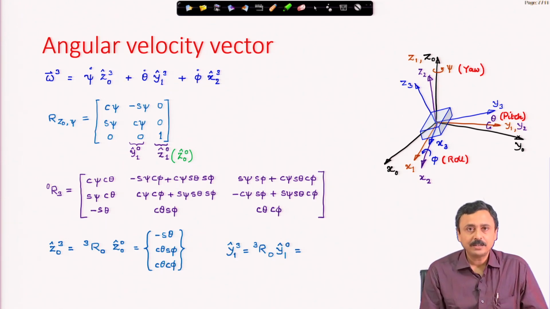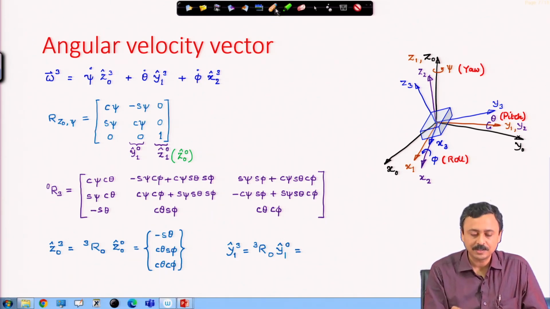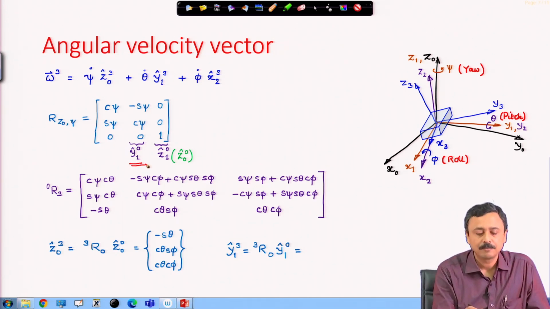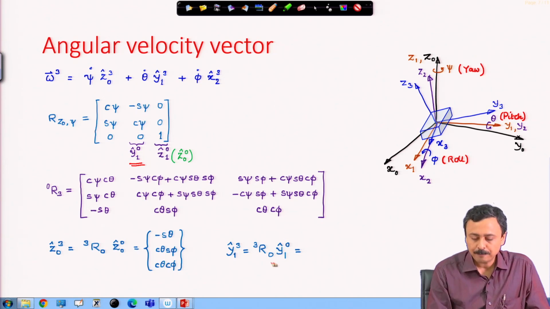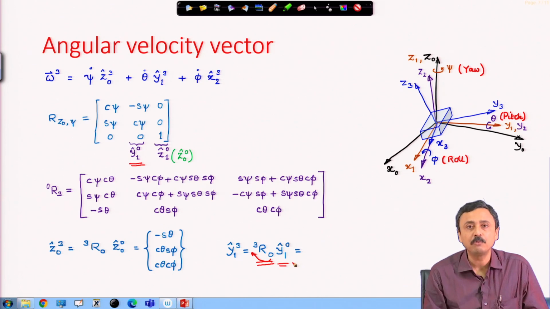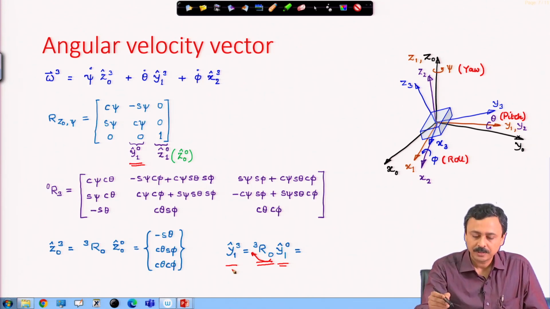In a similar manner, we are going to determine y 1 represented in x 3 y 3 z 3. y 1 in the 0th frame is this, and therefore, if I use the rotation matrix from 0 to 3 and transform y 1 in 0, then I will get y 1 in 3, the representation of y 1 in 3, and that is what I have done.